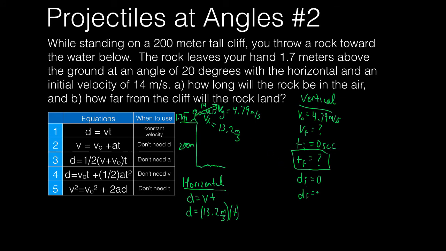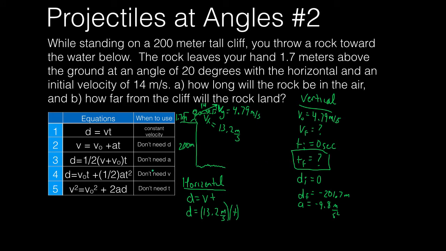And so really it's going down, so I'm going to call that a negative 201.7 meters. Then we also know acceleration is equal to a negative 9.8 meters per second squared.